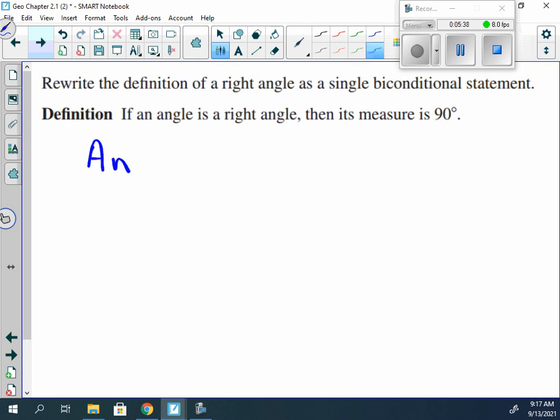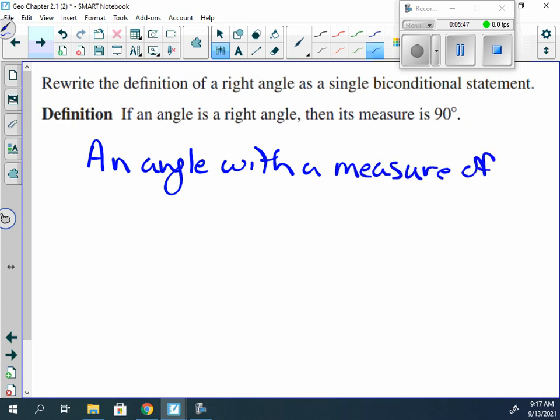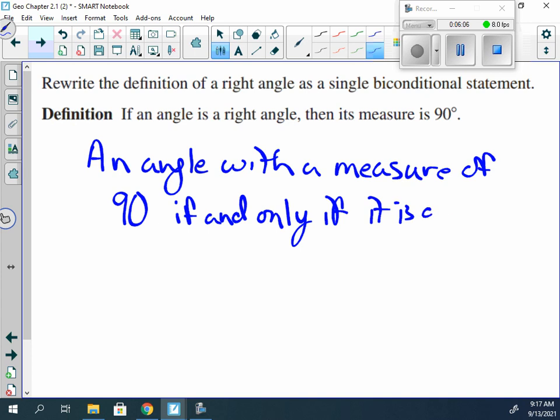Okay. An angle with a measure of 90 degrees, if and only if it is a right angle.